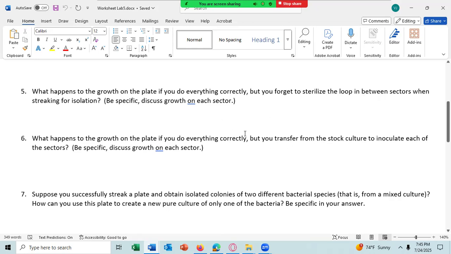And then you streak out sector 2. And then once again, you don't sterilize the loop in between sector 2 and sector 3. When you streak out sector 3, be specific, discussing the growth on each sector, and tell me what's going to happen.